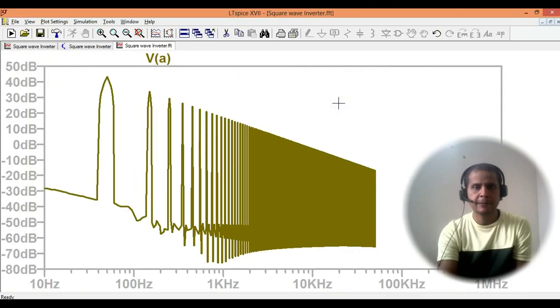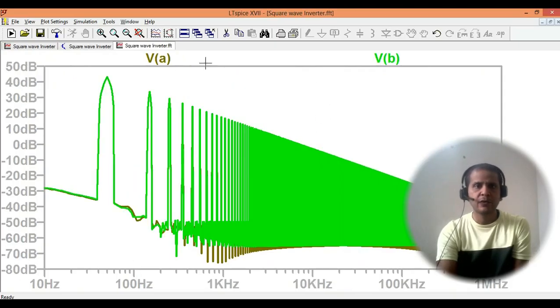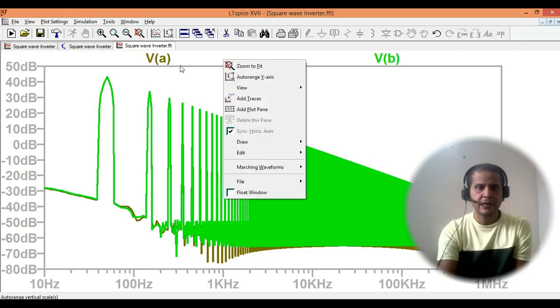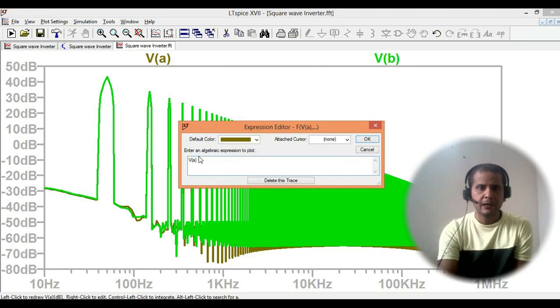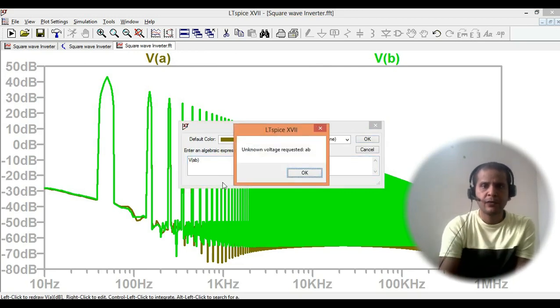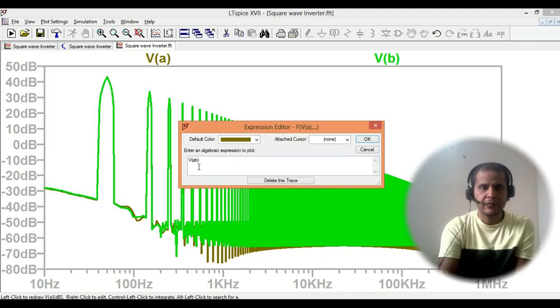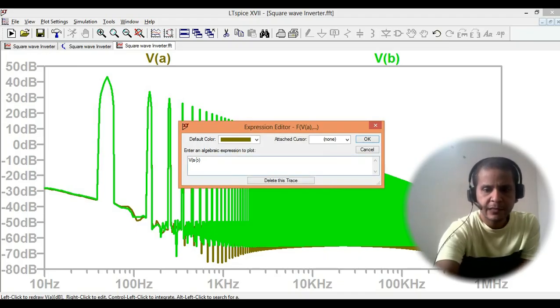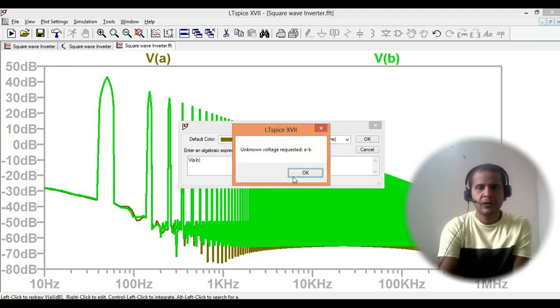Let's see. Okay, they are not okay. Both are superimposed. Now what I want to do here is VA minus VB. No, they are not taking VA minus VB. Let's see. They are not taking.